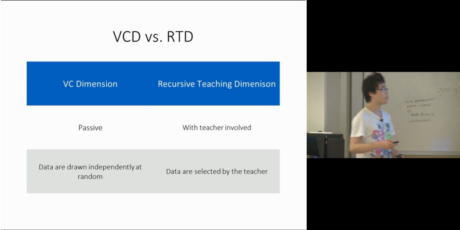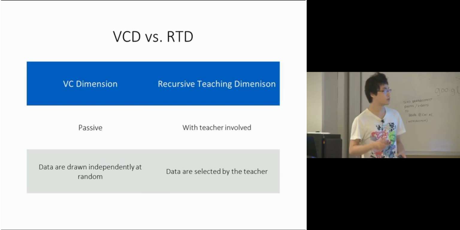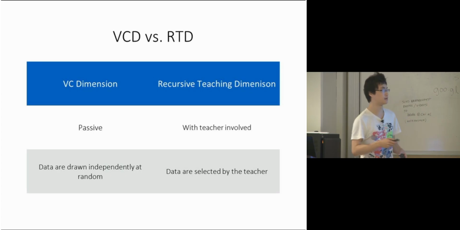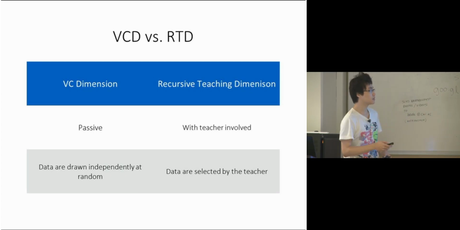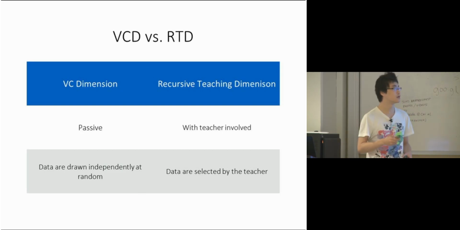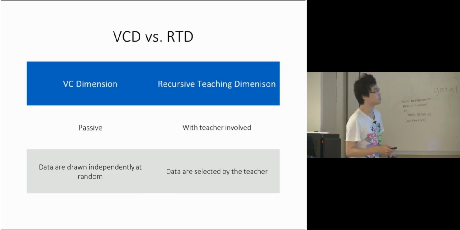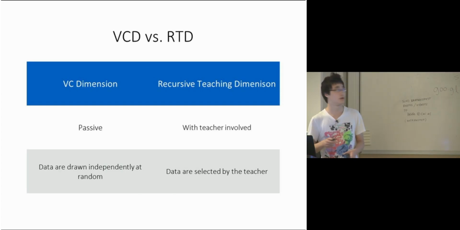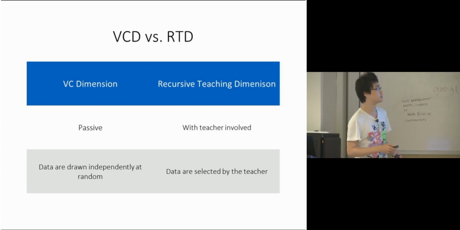But with the help of a teacher, we can choose the data selected by the teacher. So these two complexity measures are in very different learning situations, but interestingly, they have a very close relationship: the recursive teaching dimension is bounded by the VC dimension.